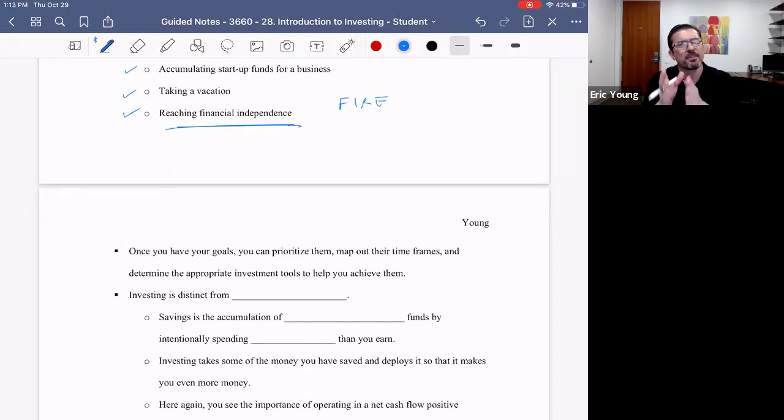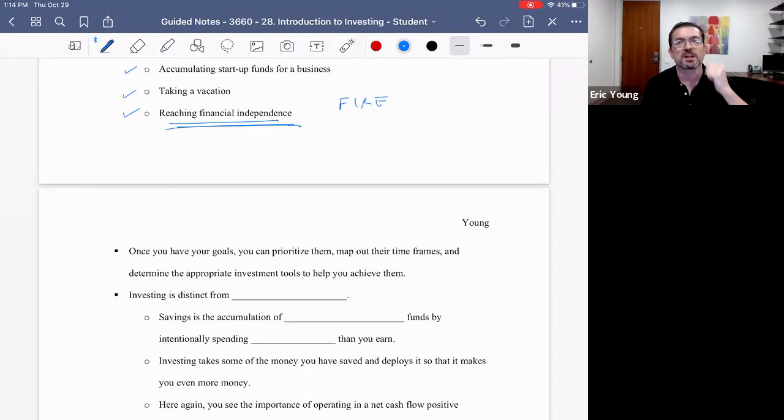Other people take a bit of a more technical approach by, for example, saying that financial independence to them might mean that their returns on their investments, so that kind of passive income of stock dividends and interest, for example, can cover their monthly expenses.